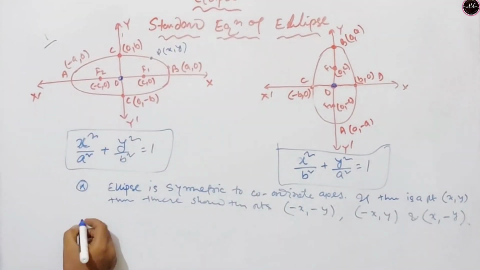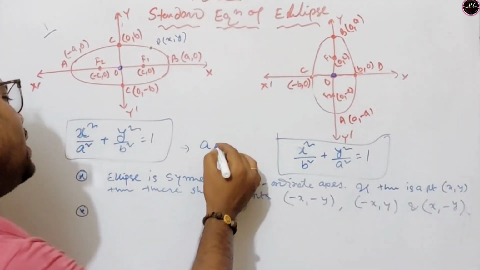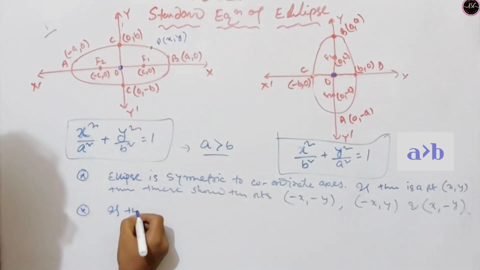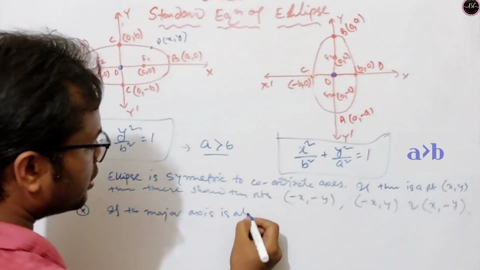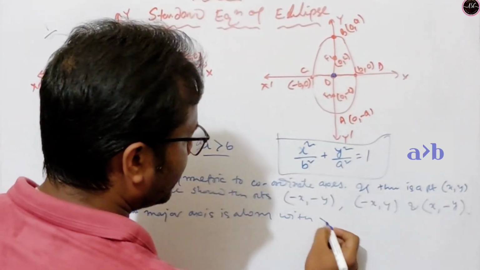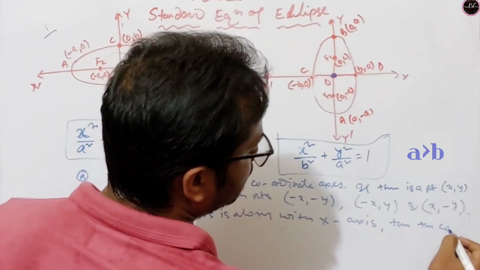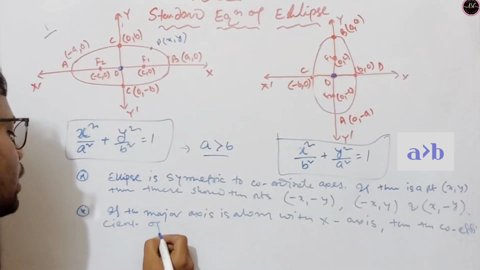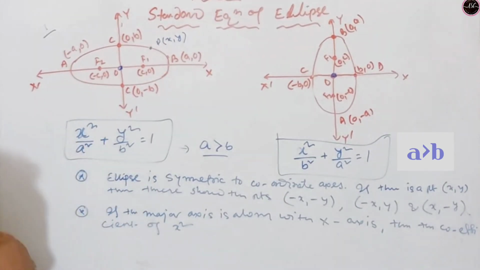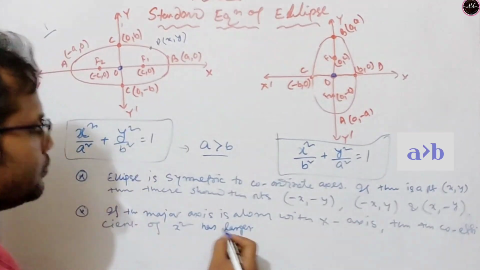Okay, and second, for this case 1, a greater than b, if the major axis is along the x axis, then the coefficient of x square has the larger denominator.